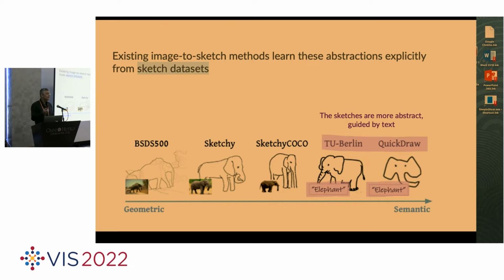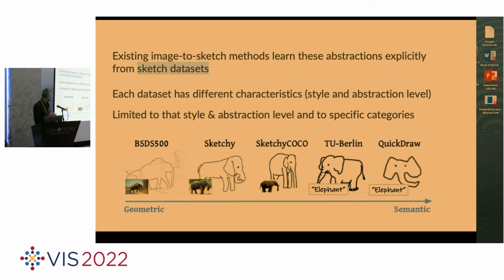But one thing to remember in all these previous works is that they were always trying to mimic specific data sets. So they gathered data set and then they created a learning algorithm that learns from this specific data set. And that means that they are many times limited to a specific style or abstraction. And also, many times they're limited to specific categories that they find in this data set.